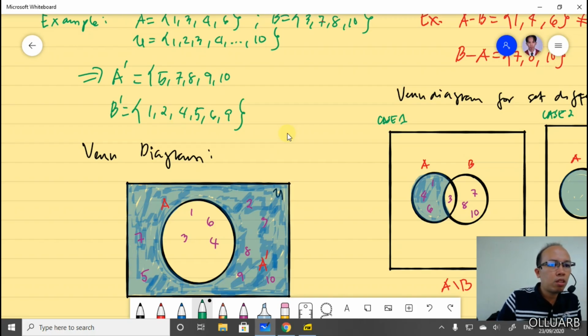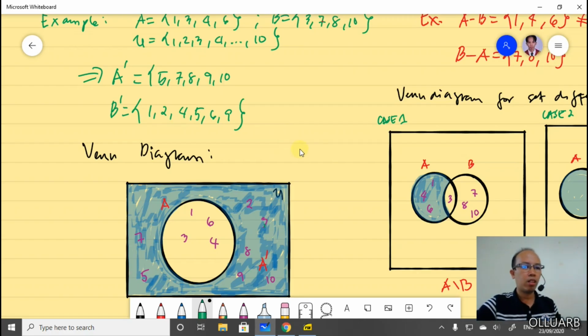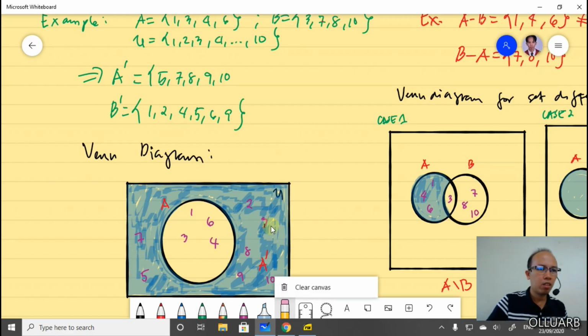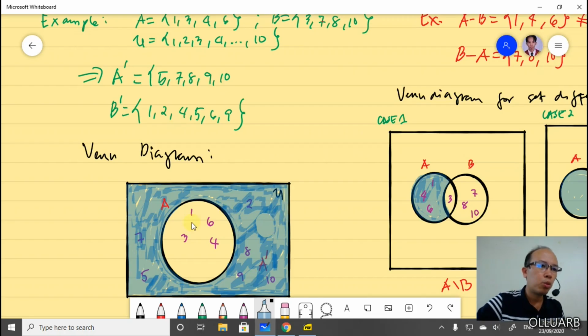No, 3 is outside. Okay, let's erase this. What happened? Okay. Erase number 3 and then color it again. Okay, so 1, 2 must be an element.